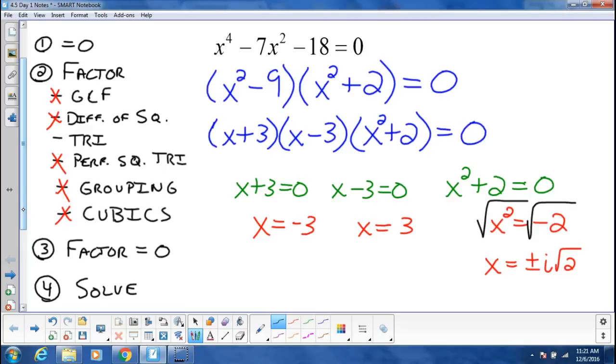How many should we get for this problem? Why 4? Because the degree is 4. The original problem's degree, way back right up here, was 4. So I need 1, 2, 3, 4 answers for my problem.